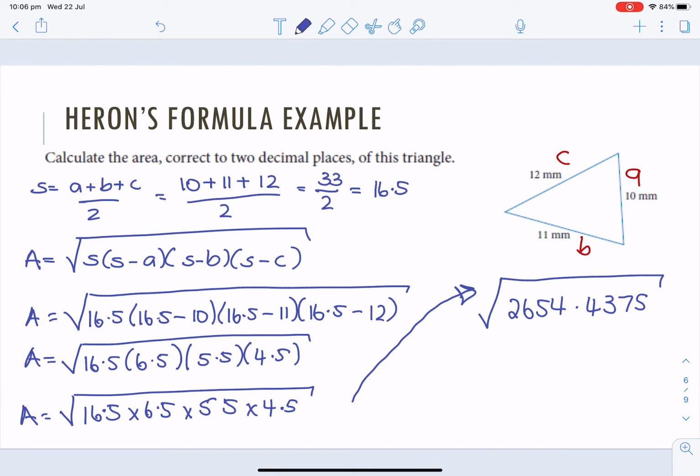And then if I was to square root that, so I want the square root of 2,654 plus a little bit of change, and I end up with 51.52, and because we're working in millimetres, I keep it as millimetres, and because we're dealing with area, we square it. Now remember, if you don't include this guy here, there's a fair chance you're going to lose some marks. So the area of a triangle with lengths 10, 11, 12, gives me 51.52 millimetres squared.